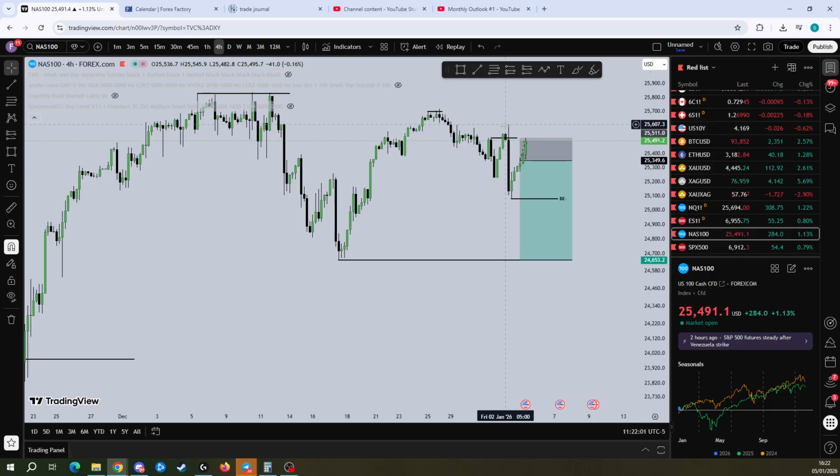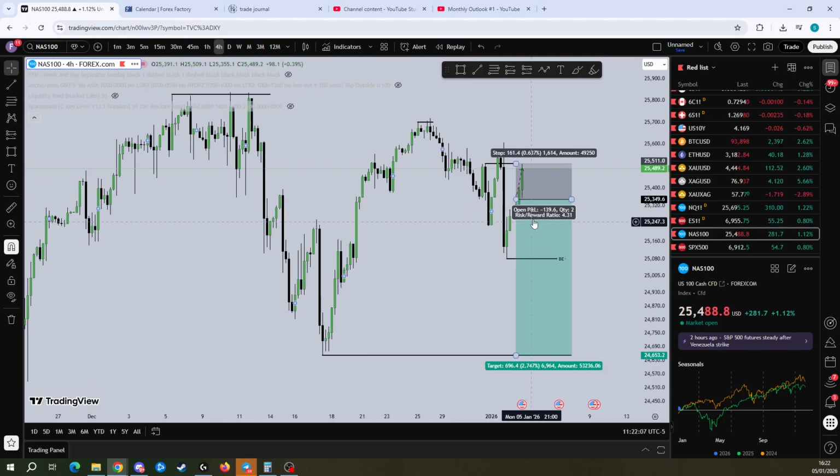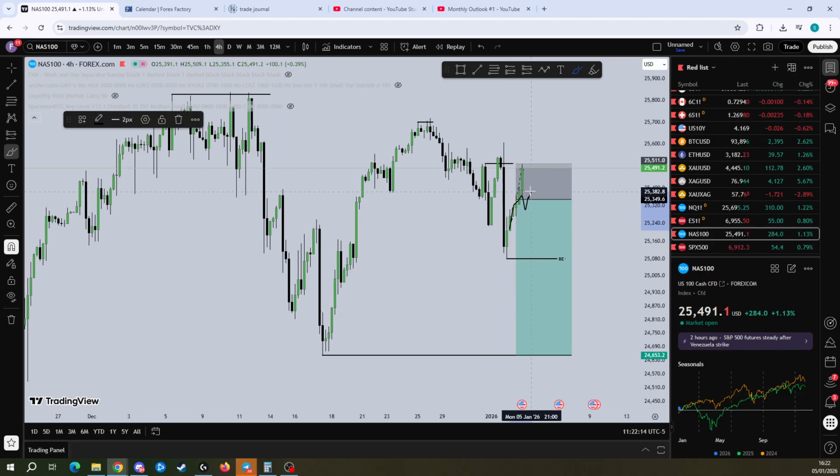So I'm expecting this high to stay intact, and then this to be the second leg or silver bullet, and we get that distribution phase all the way into these lows. So something like this, come into the order block and then sell off, and then come for these lows next.